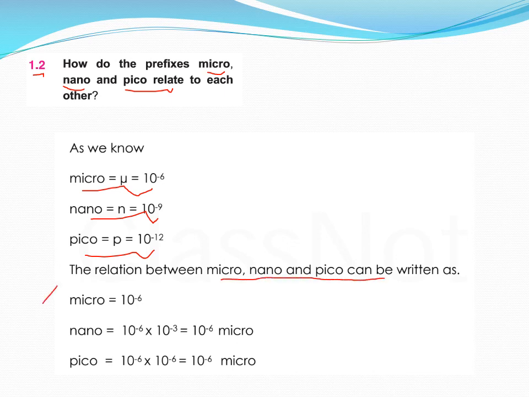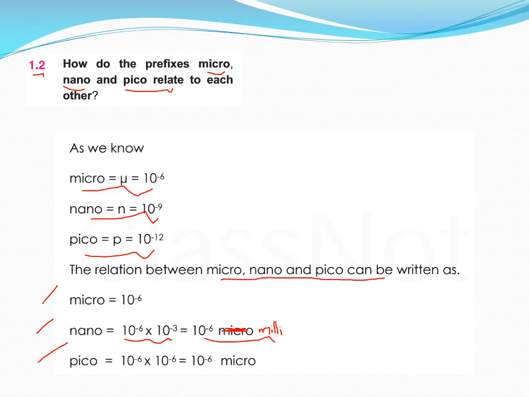For example, micro is 10 to the power -6, nano is 10 to the power -9, so it can be broken down into 10 to the power -6 times 10 to the power -3, and 10 to the power -3 is milli. It can be written as milli. So we have related nano as 10 to the power -6 milli.